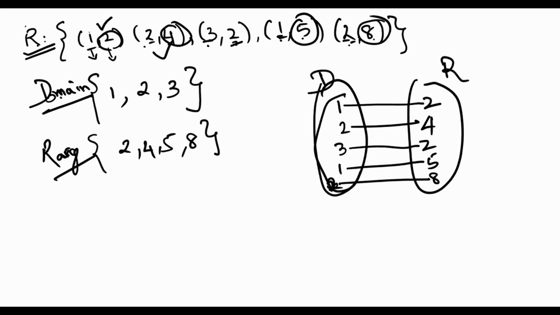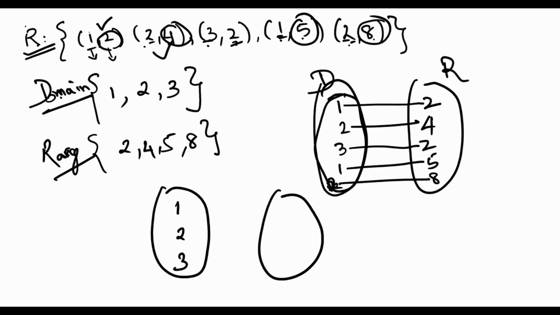So instead of writing the same numbers repeatedly, we can just write 1, 2, 3, and we can see how it is related. 1 is related to 2, and 1 is also related to 5. So this has 2, 4, 5, and 8.